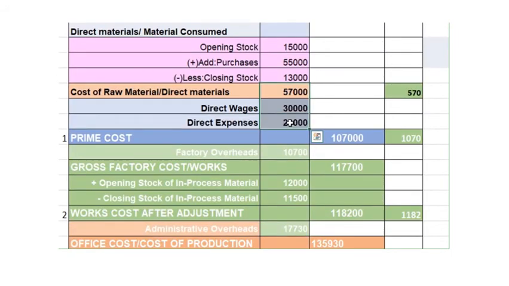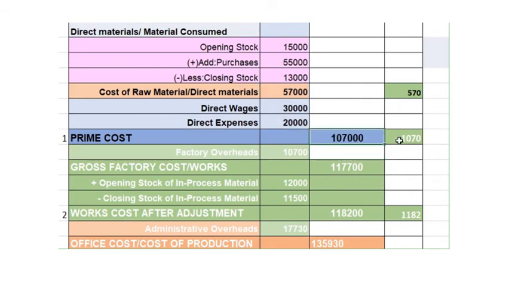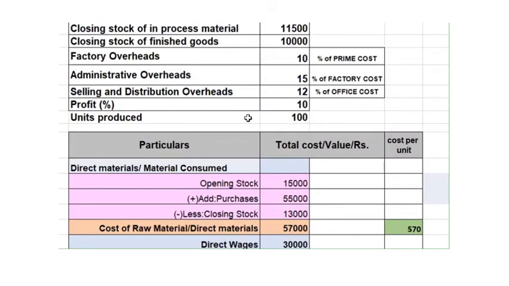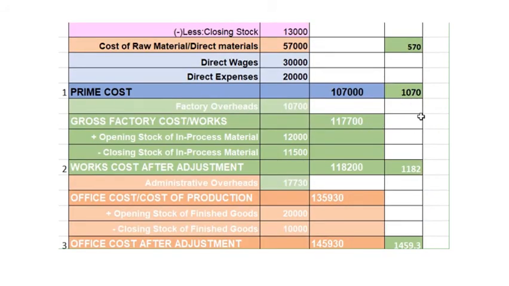Adding these three, direct material, wages and expenses, we get the prime cost, which is 1,07,000, and the cost per unit of prime cost is divided by the number of units produced. This one we get 1,070.